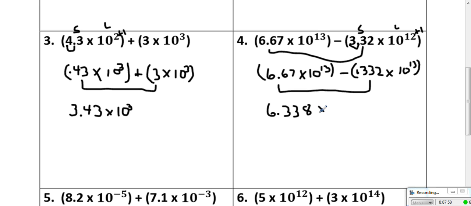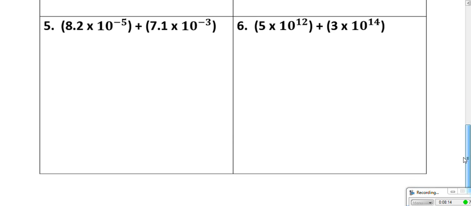And yes, that number again is a number between 1 and 10. That number is good for scientific notation. That's it. That's your answer. 6.338 times 10 to the 13th.